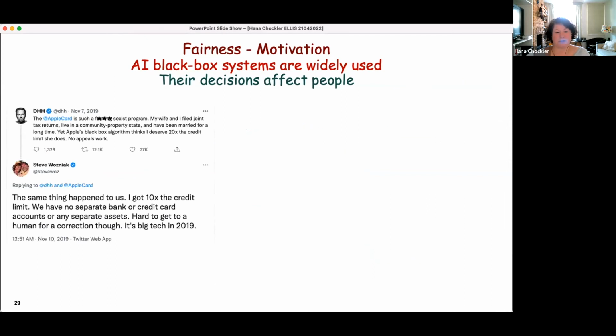So here are some examples. On the left is a tweet from Steve Wozniak, one of the founders of Apple, who supports a previous poster. It's from November 2019, so quite recent, about the Apple Card, where the card decides on a credit limit using an algorithm.